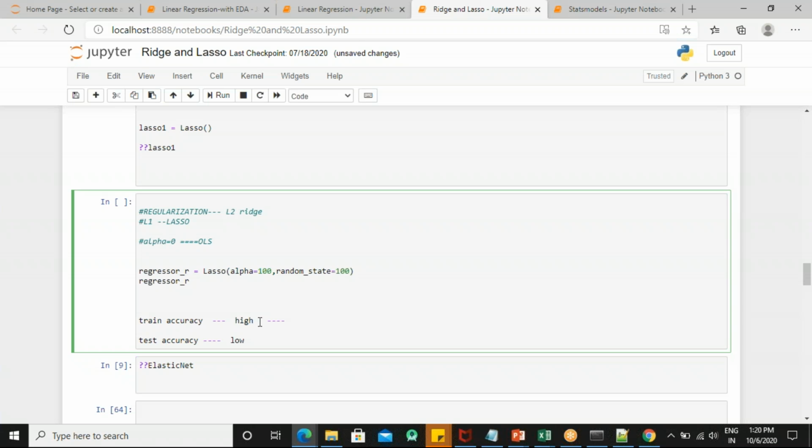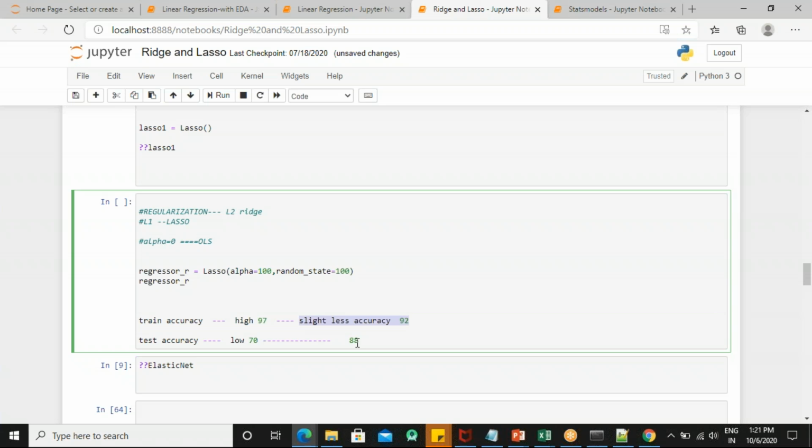But a ridge or a lasso may have slightly less train accuracy. Like if you are getting 97 here, it may be 92, but that's fine, because here earlier I was getting say 70, here I am going to get maybe 88.